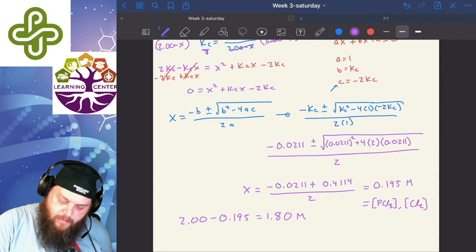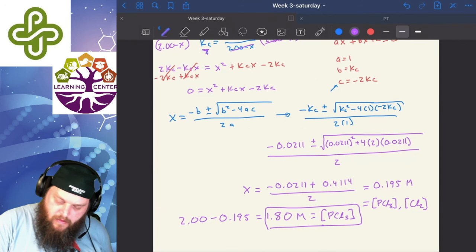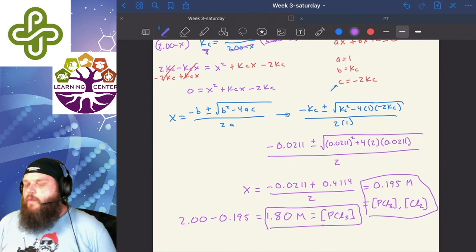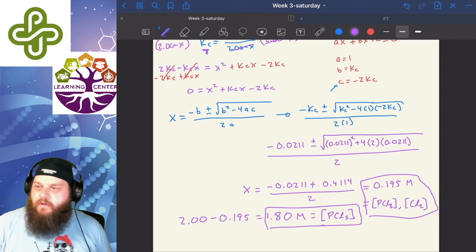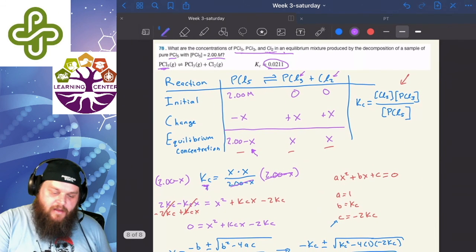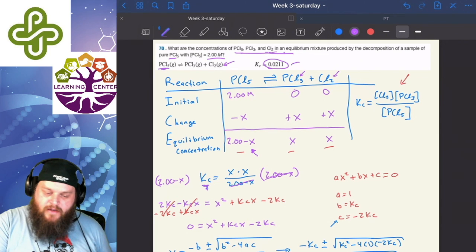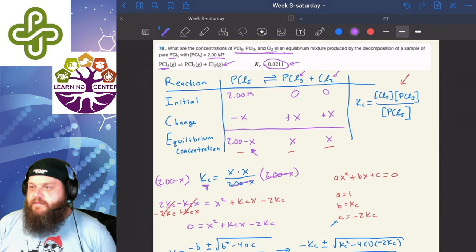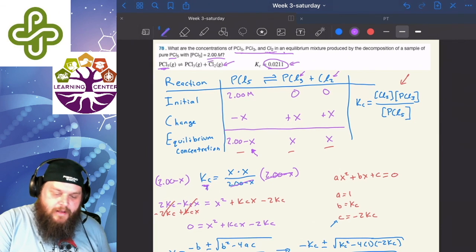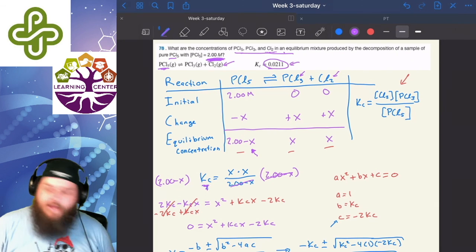That's going to be in molar, which is equal to the concentration of PCl5 at equilibrium. So now, with this and this, we were able to solve what those concentrations are at equilibrium just by utilizing the equation for the reaction and that equilibrium constant and the initial state of the reactant, how much reactant we had.